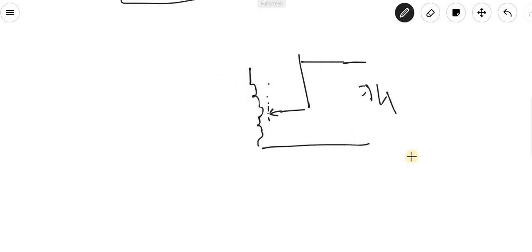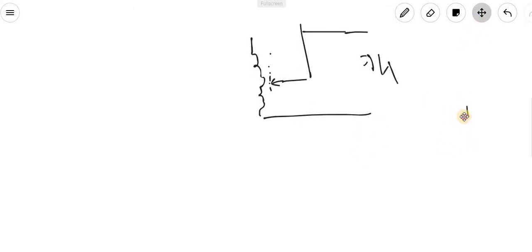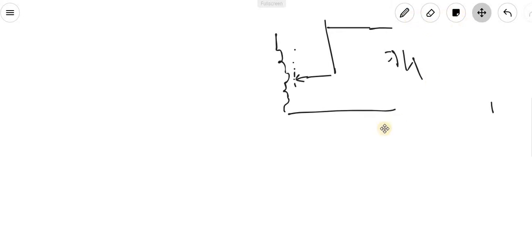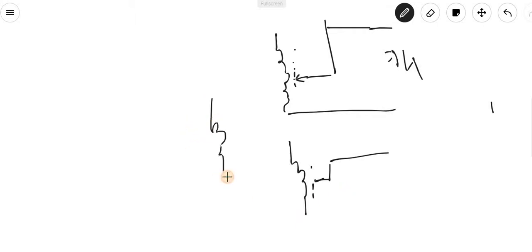For three phase, this is phase 1. We consider one more phase, and one more phase, L1, L2 and L3.